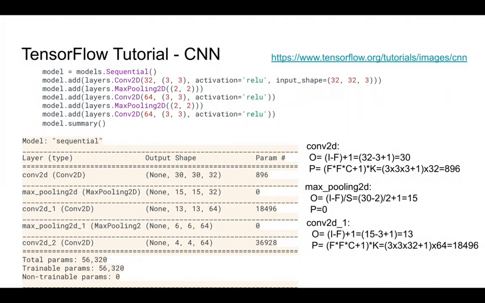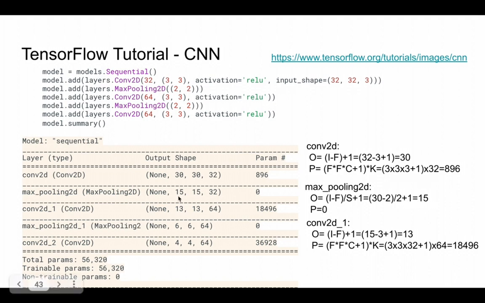For the max pooling layer, the filter size is 2, and by default the stride is the same as the filter size, 2. Therefore, we can calculate the expected output: I minus f over s, plus 1. The input to the max pooling layer is 30, and the filter size is 2, divided by stride 2, plus 1, we get 15.